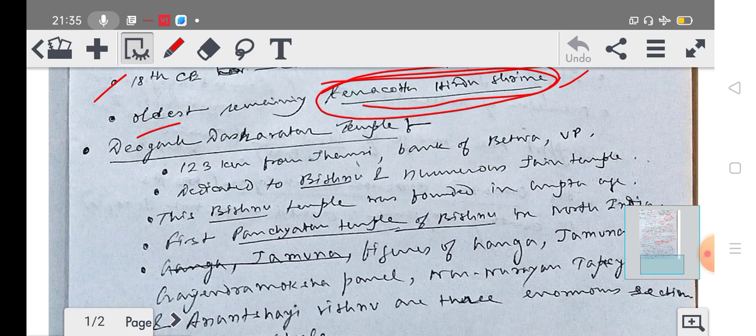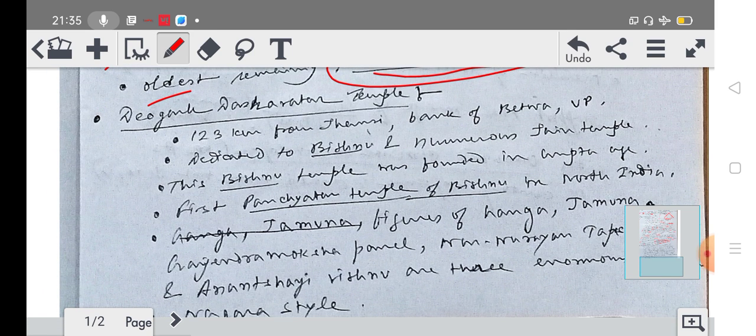Now we are moving into our second example of a famous temple, the Deogarh Dashavatara temple. It is situated 123 km from Jhansi, on the bank of the river Betwa, in Uttar Pradesh.